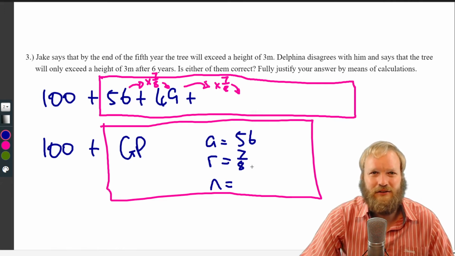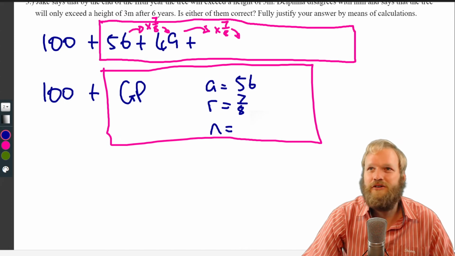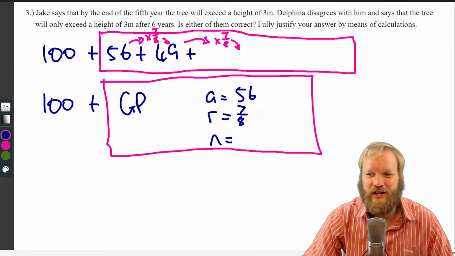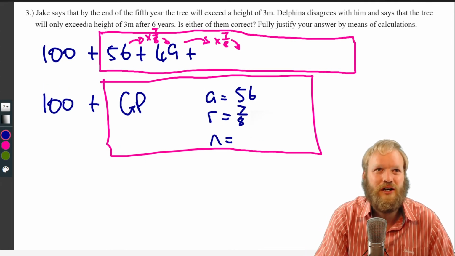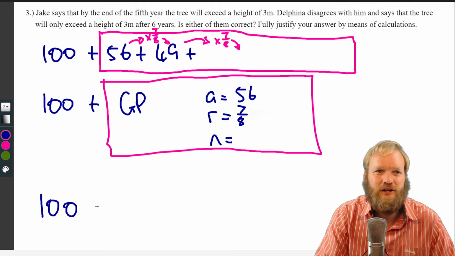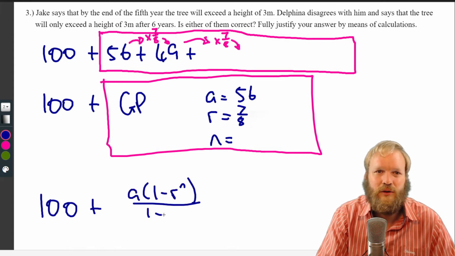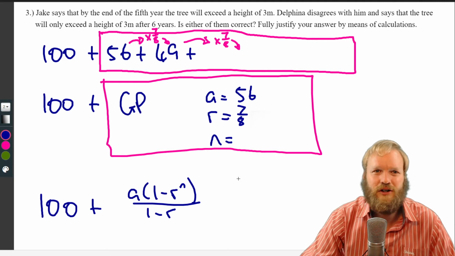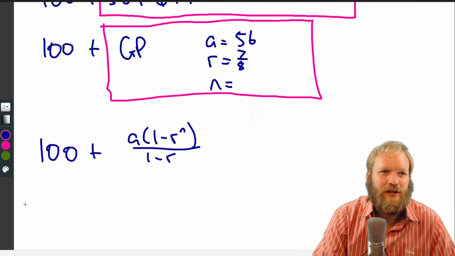And then for n, it's going to depend on who we're following. If we're following Jake or if we're following Delphina. So let's start with Jake. Jake says that by the end of the 5th year, the tree will exceed a height of 3 meters. So we're going to go 100 plus. We know some formula for geometric series: a(1 minus r to the n) over 1 minus r. I know you knew that, so I didn't have to ask you. And we're going to go here for Jake.